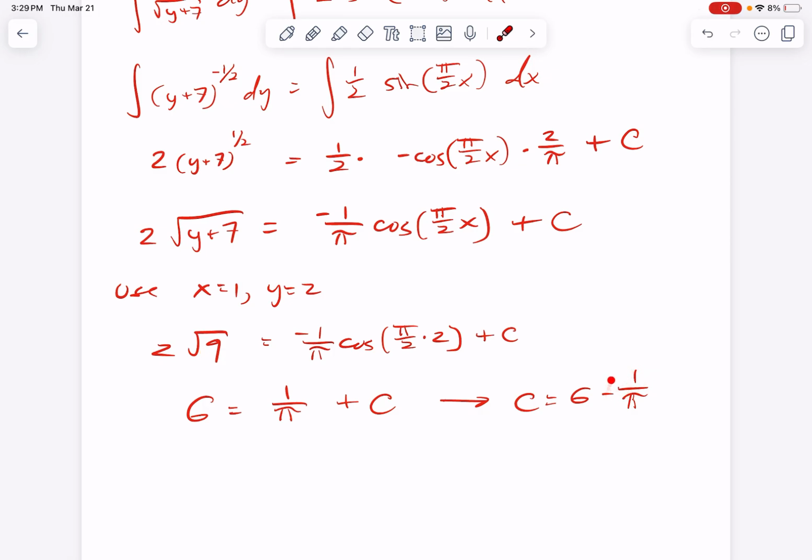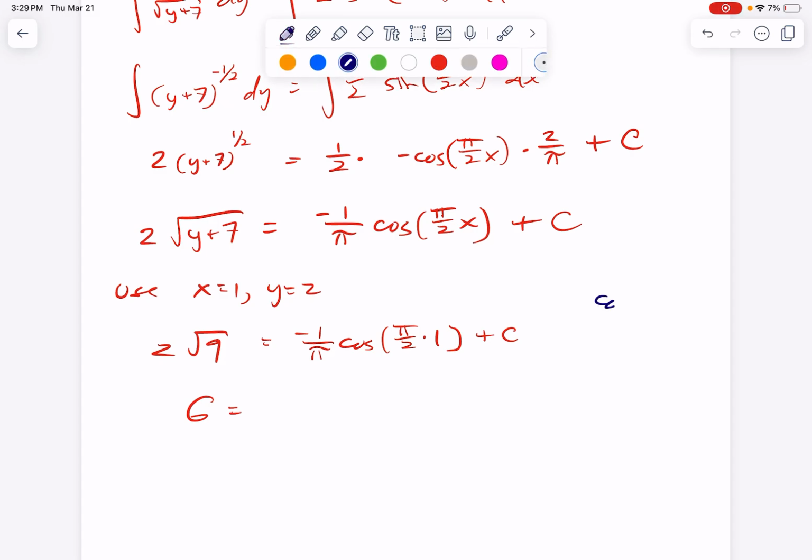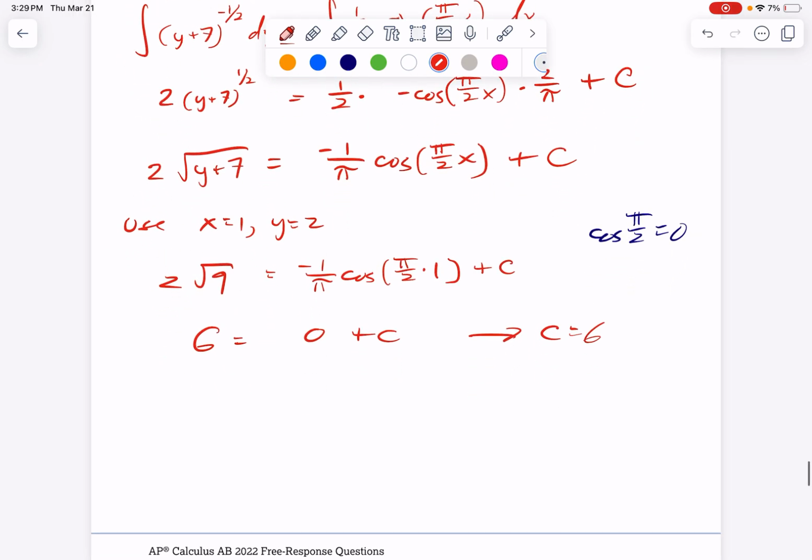See, this is why we check when things don't look that great. I plugged in 2. Let's fix this. X equals 1. Right? Be a little suspicious when you get ugly numbers in the middle of a problem like this. Now we have cosine of pi over 2. Cosine of pi over 2 is 0. That's way more convenient. So we have 0 plus c, which means c equals 6. Much better. Right?